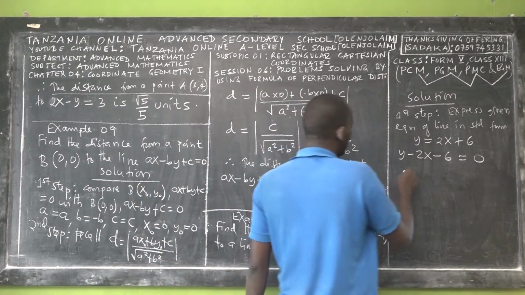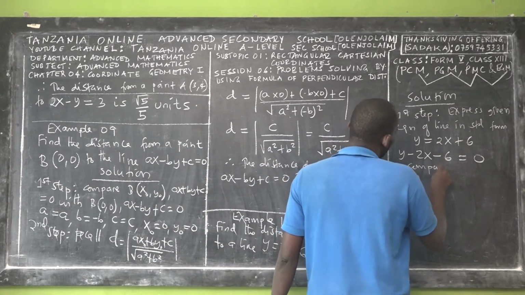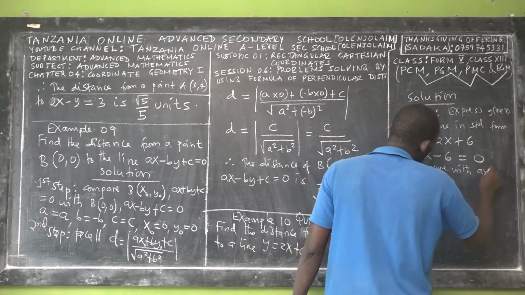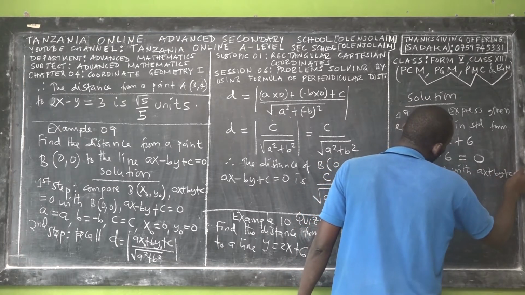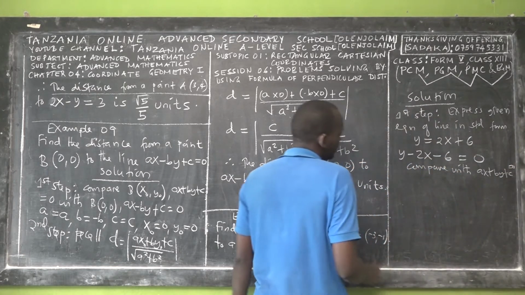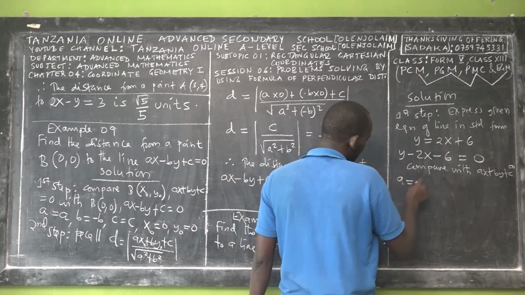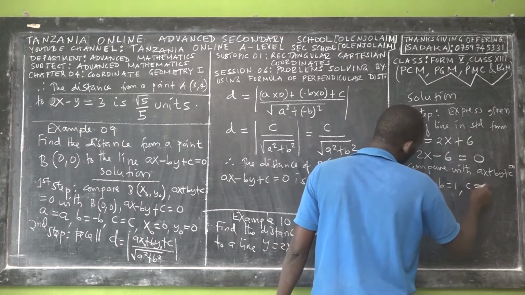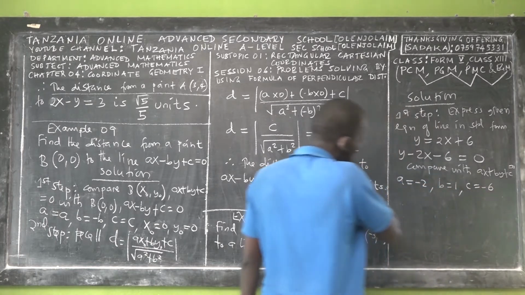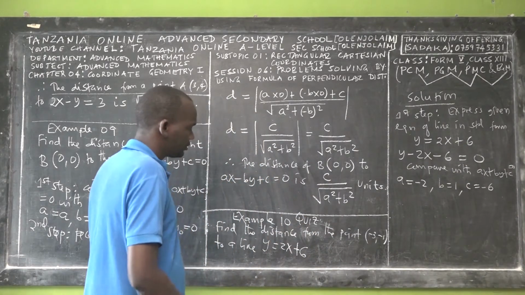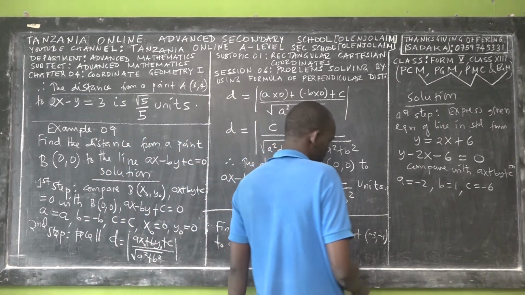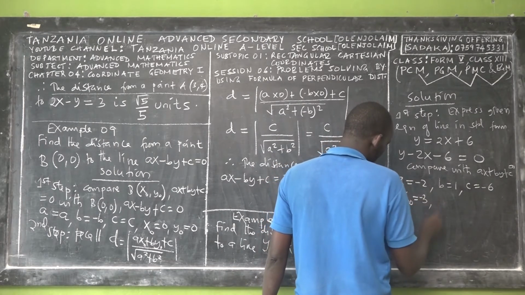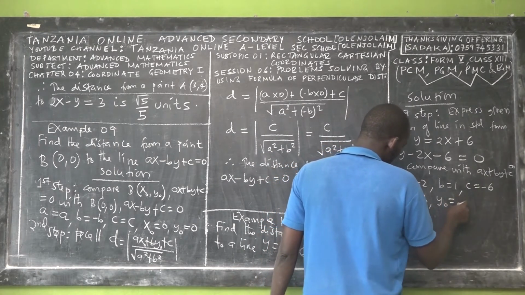We compare it with ax plus by plus c is equal to 0. So a is equal to -2, b is equal to 1, c is equal to -6. Then we have a point where x naught is equal to -3, y naught is equal to -1.